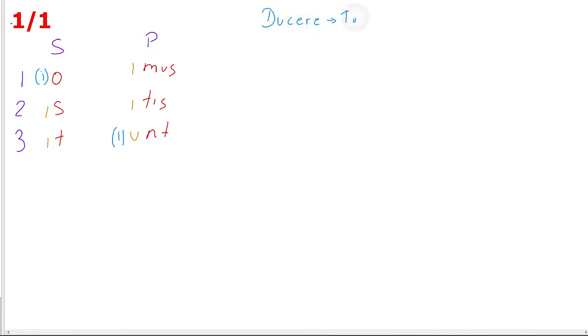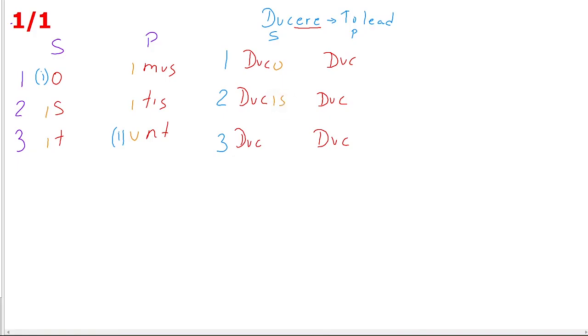take ducere and let's conjugate it. So you have, using the same rule, removing the ERE, for I lead would be duco, you lead would be ducis, he, she, it leads would be ducit, we lead would be ducimus, you all lead would be ducitis, and they lead would be ducunt.